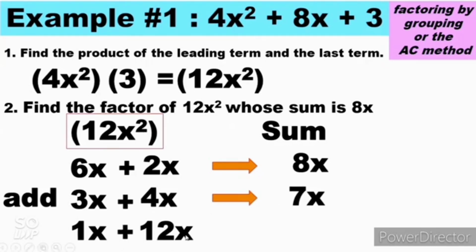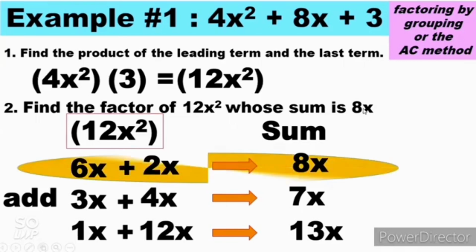So, 1x plus 12x equals 13x. Therefore, since meron tayong nakuhang sum, which is 8x, yung nasa middle term ng trinomial natin, yung 6x at saka 2x ang gagamitin nating factor. Okay, next step, since ang factor natin ay 6x times 2x, pag pinag-add natin, it is equal to 8x.